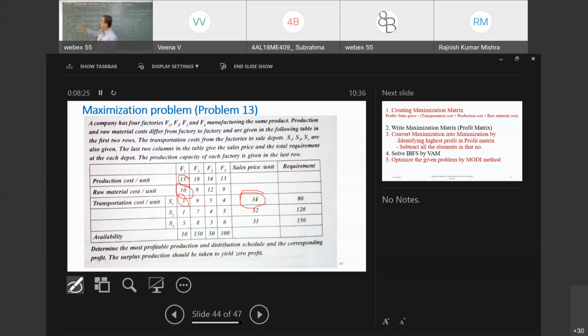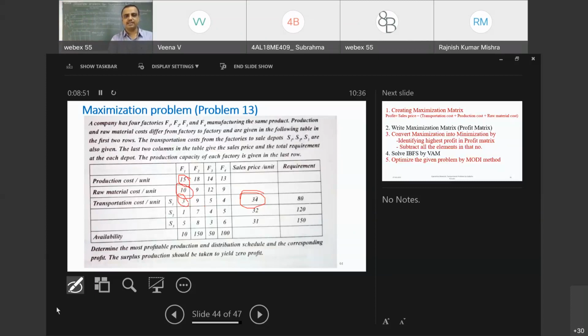Here I have written the transportation cost first. After calculating this, that will be our profit. 15 plus 10 is 25, plus 3 is 28. 34 minus 28 is 6. This is the profit. Likewise, we need to calculate for all the cells.